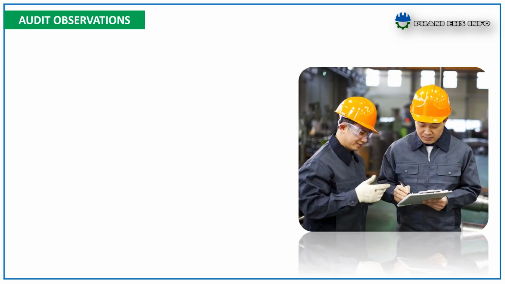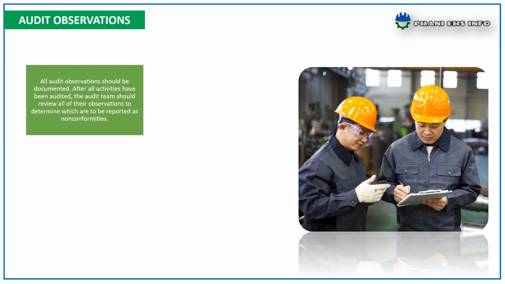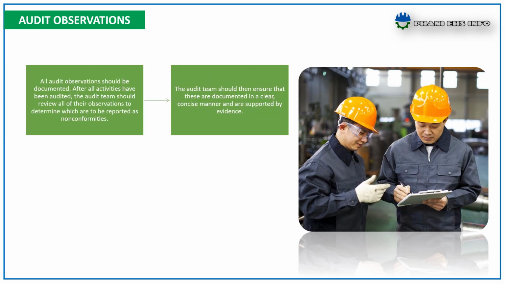Audit observations. All audit observations should be documented. After all activities have been audited, the audit team should review all of their observations to determine which are to be reported as non-conformities. The audit team should then ensure that these are documented in a clear, concise manner and are supported by evidence.